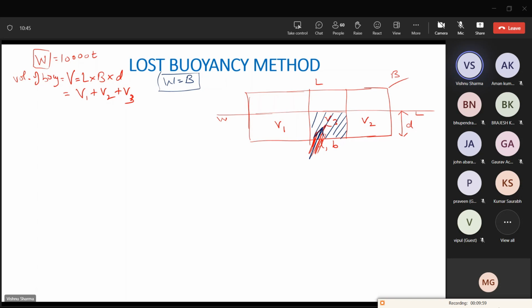You have no control over it. When it wants, it goes out. When it wants, it comes in. That's how the level fluctuates. That means the water in the bilged compartment is not under your control, and since it's not in your control, it is freely communicating with the sea.